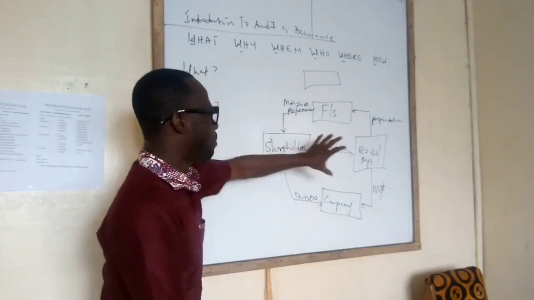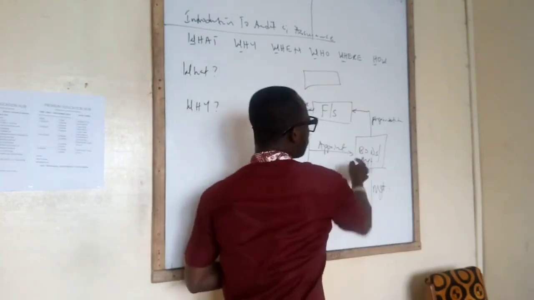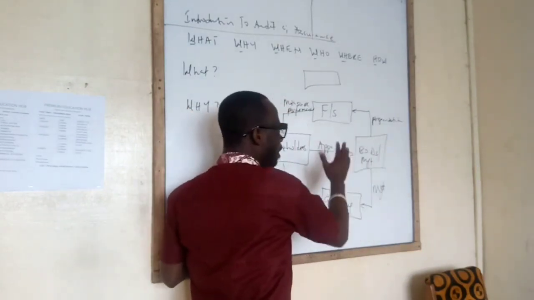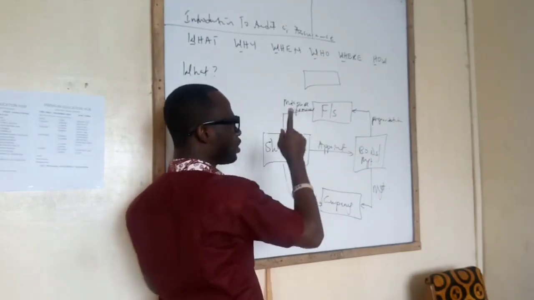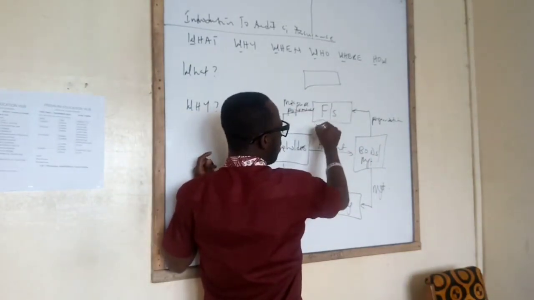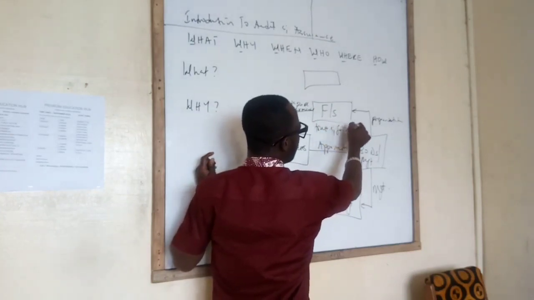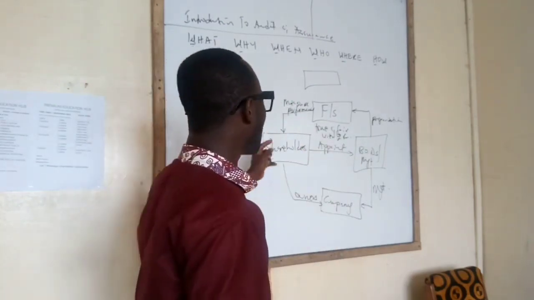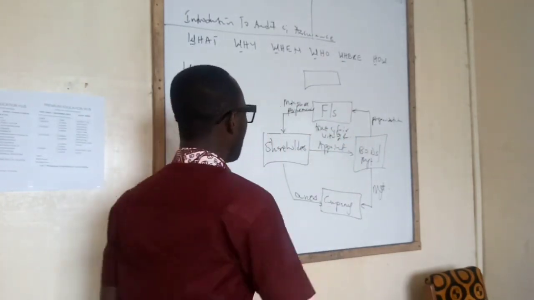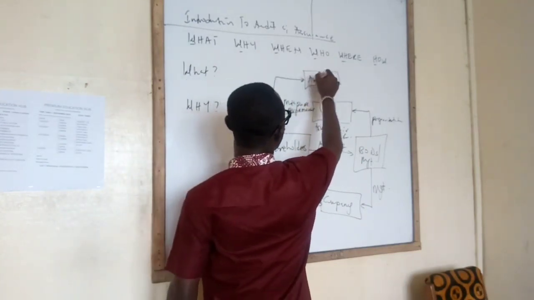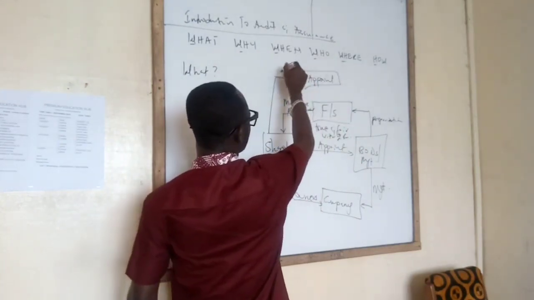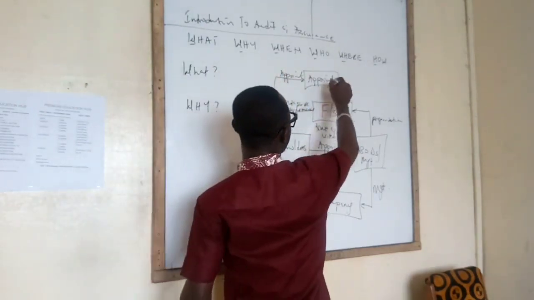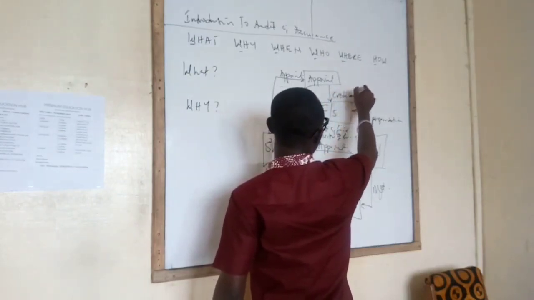Now, the same thing happens to companies. It is not that shareholders don't trust management. Rather, shareholders want to be sure that management is actually doing their work well, and most importantly, that the financial statement prepared represents a true and fair view of the entity. So for them to have that assurance, that confirmation, they now appoint the auditors, so that the auditors will add some level of credibility to the financial statement.